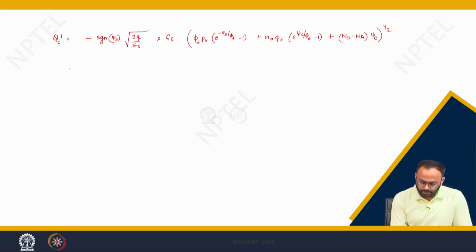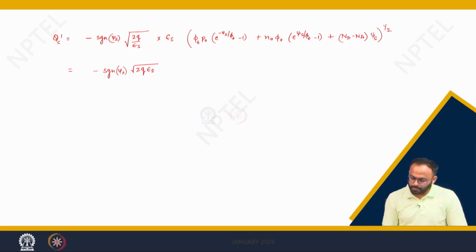If you simplify this, you will get a general expression: minus signum of ψs, which will give you 2 into q into εs.